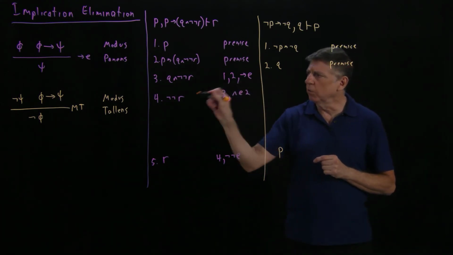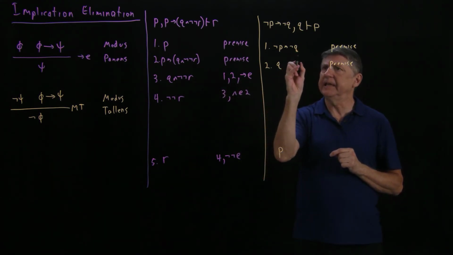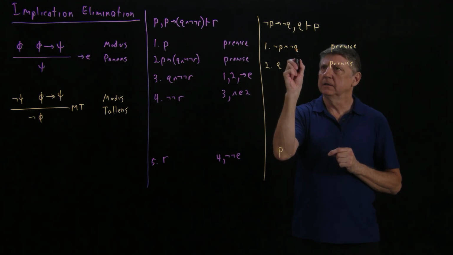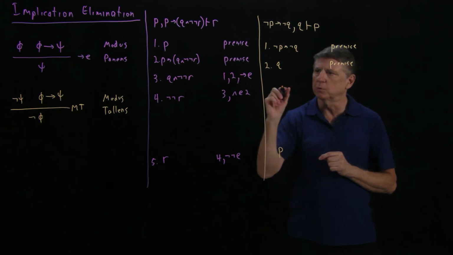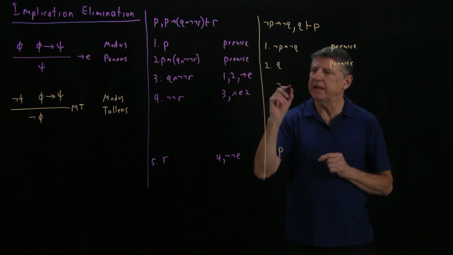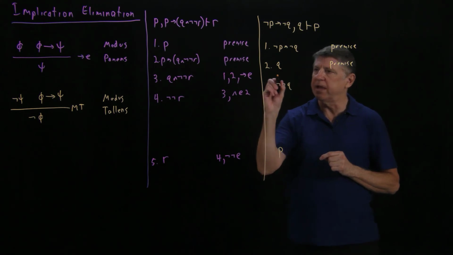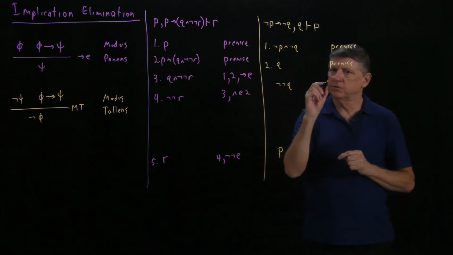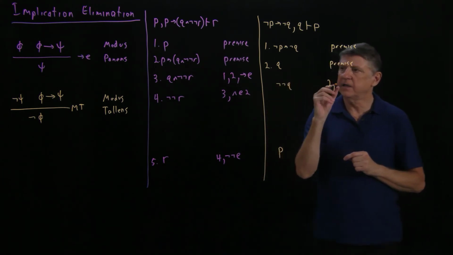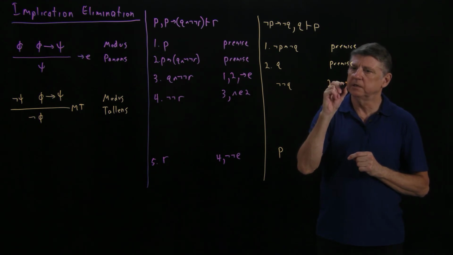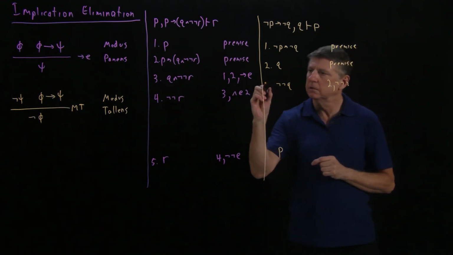In order to get there, I have to have the negation of the consequent on its own line. That is, I have to have the double negation of Q on its own line. Well, I can arrive at that from line 2 if I use double negation introduction.